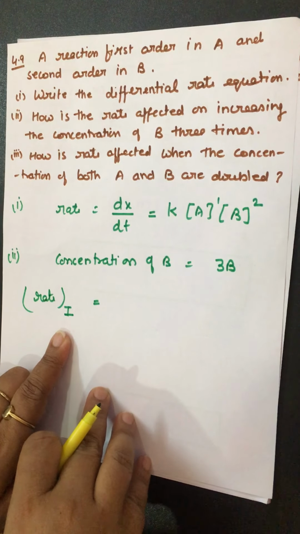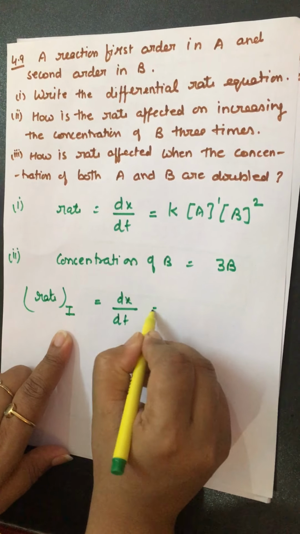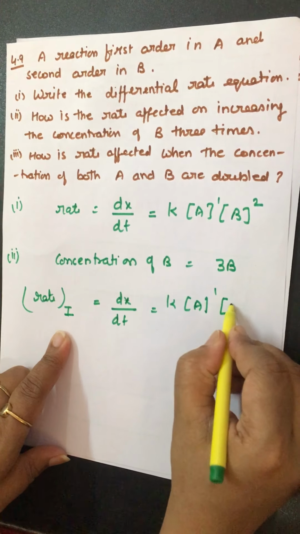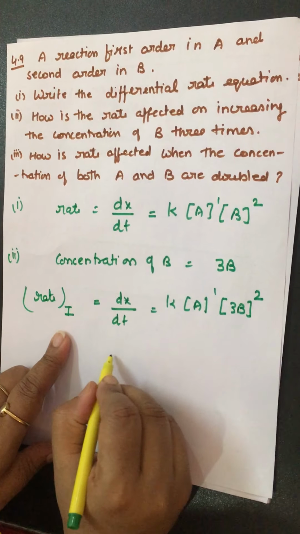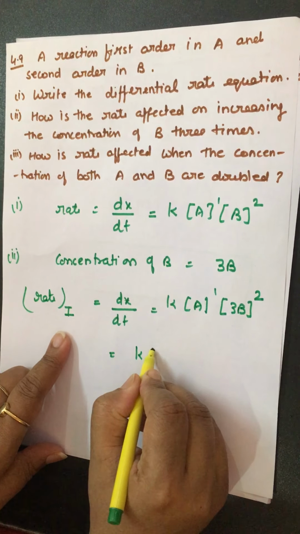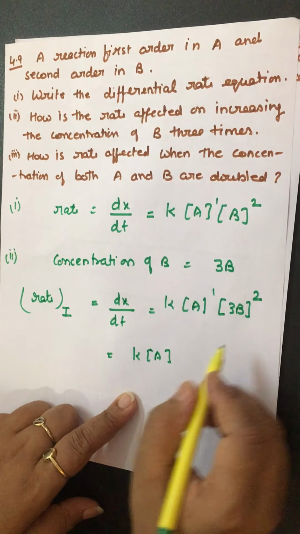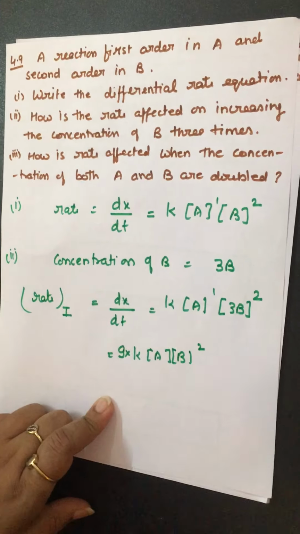Dx over dt equals K A to the power 1. Now B becomes 3B to the power 2. It becomes K A, 3 square is 9, and B square.